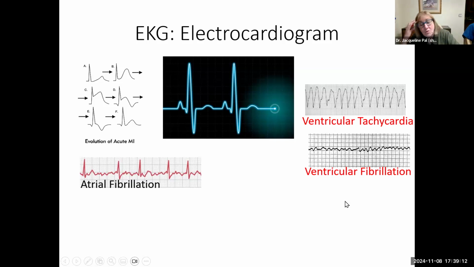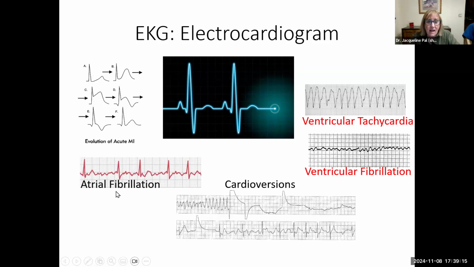So let me show you a rhythm strip of an actual patient that was in VTach, and so it was decided, well, that's bad, so let's do what the layperson would call shocking the person, or what is known as cardioversion. So here's the thing with cardioversion, there's no guarantee it's going to work. And so here is a cardioversion done to the patient. And what you can see has happened, we took the patient out of VTach and put them in VFib.